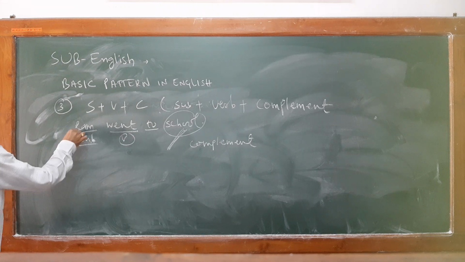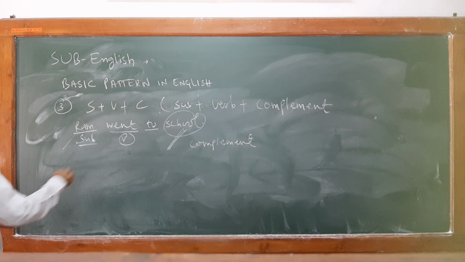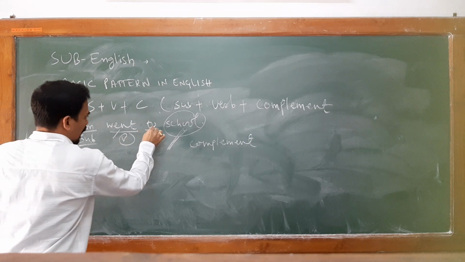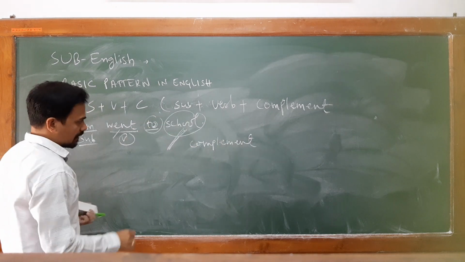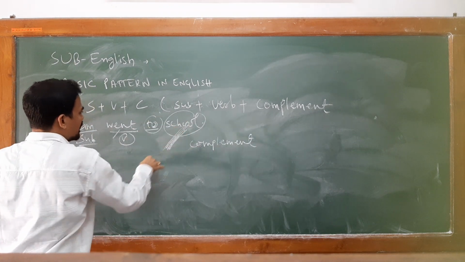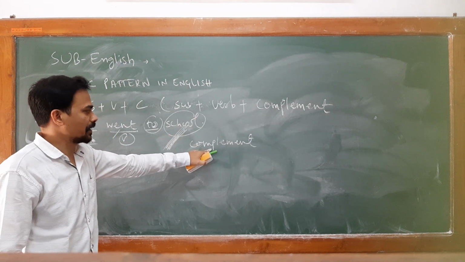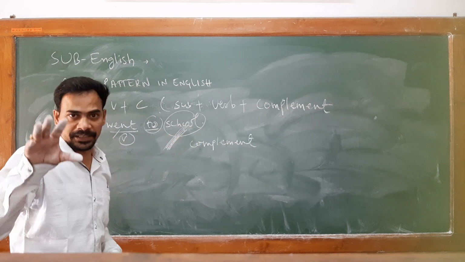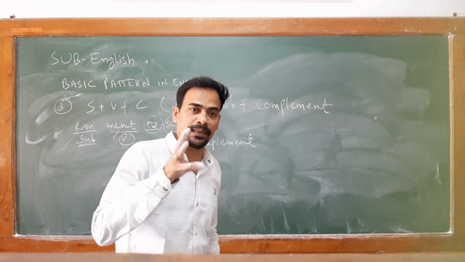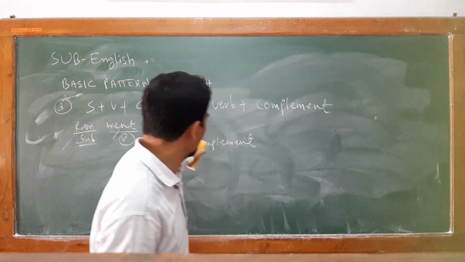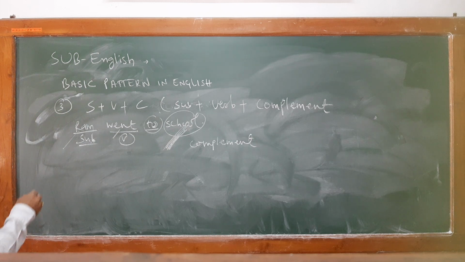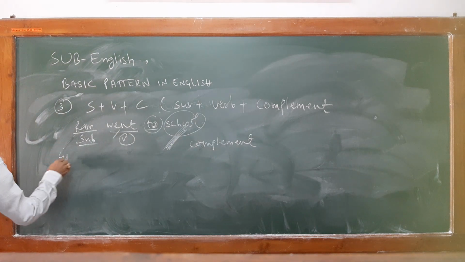Now, subject, by using who you are getting; action word, went; and to is the preposition part; and this full word is adding some meaning to your sentence, so it is known as your complement. It means it is completing. Any word which can help in completing your sentence is known as complement. Now number 4, to see.